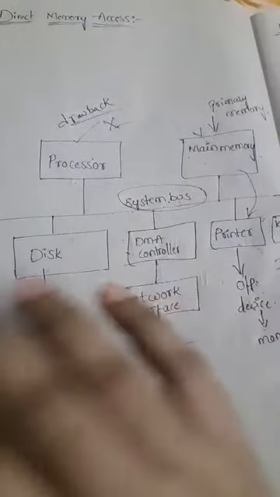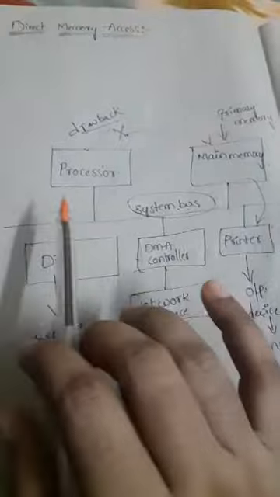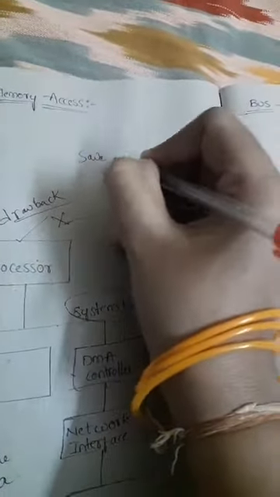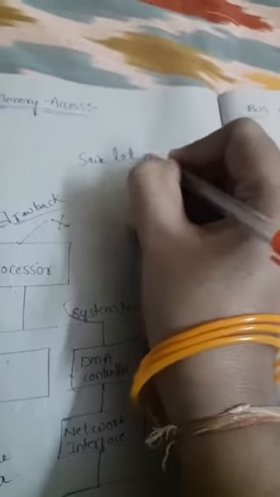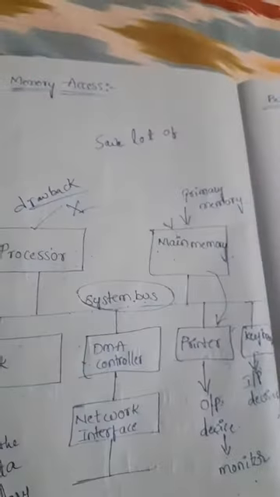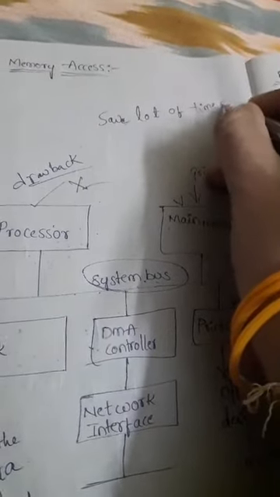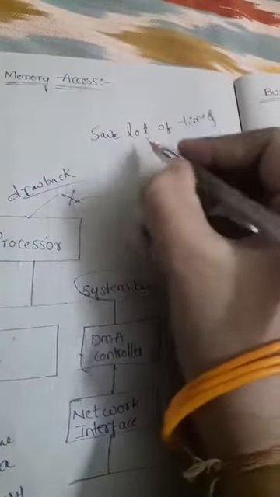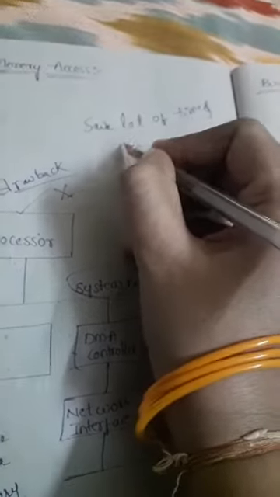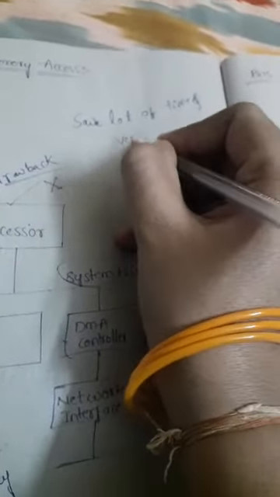Not removing it from the system, but if we do not involve the processor in every action, that is the very big advantage we have: save a lot of time, and the work will complete very fast.